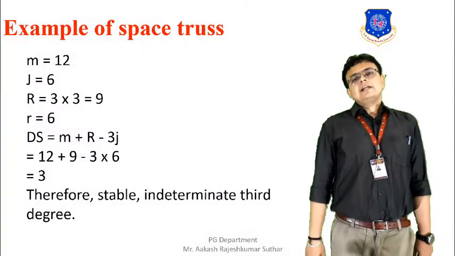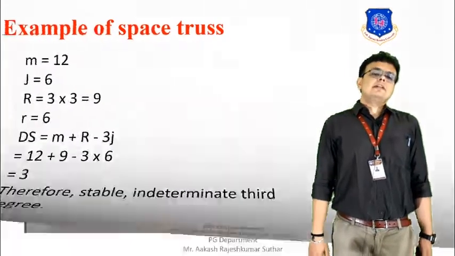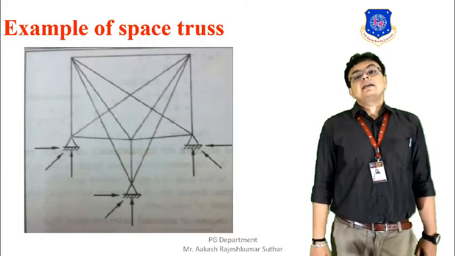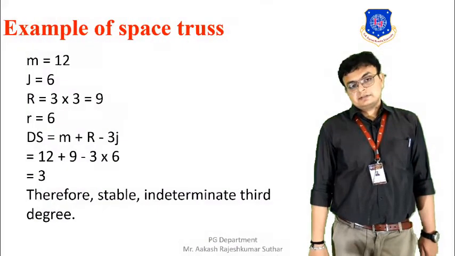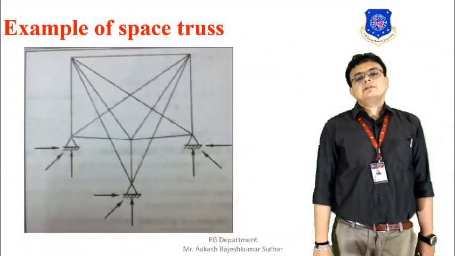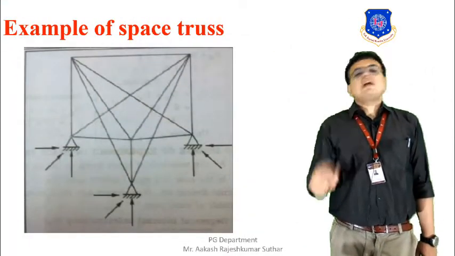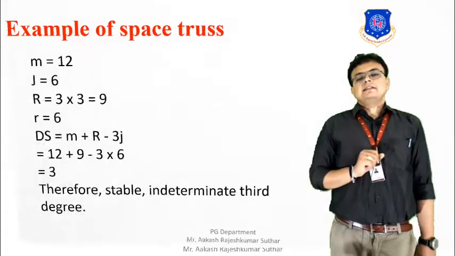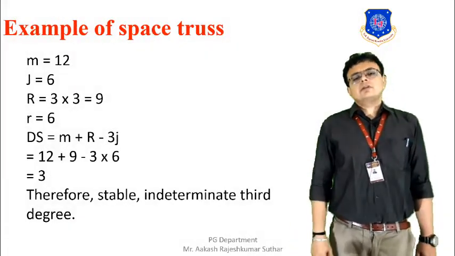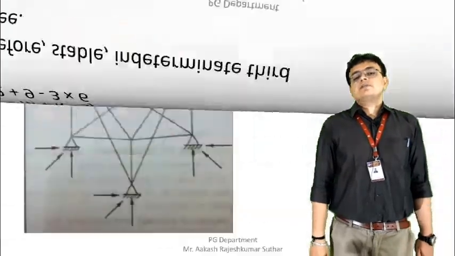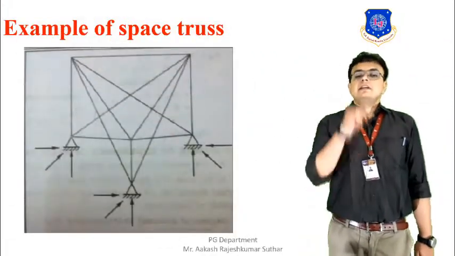While counting the members from this figure, you will find that there are 12 members. You can count them: 1, 2, 3, 4, 5, 6, 7, 8, 9, 10, 11, 12. 12 members are there. The joints you can also count from the figure. After counting, you will find that there are 6 joints.